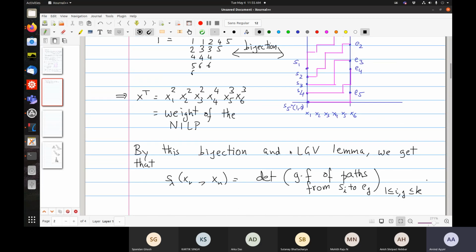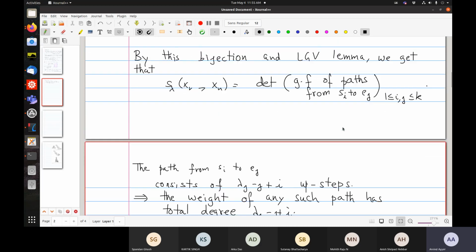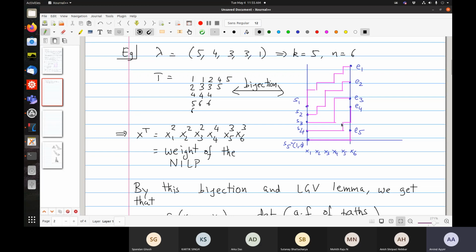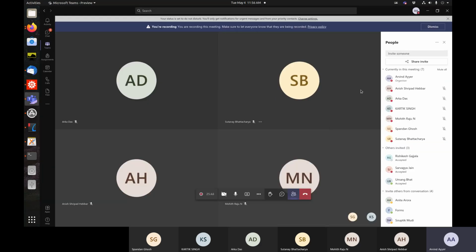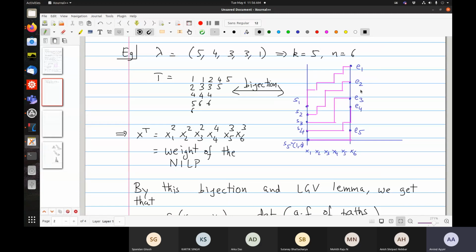Okay, but what can you say about any such path? Is there any restriction on where these vertical edges need to be when you go from Si to Ej? Can they all be in the first column, for example?